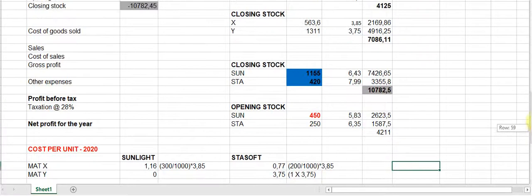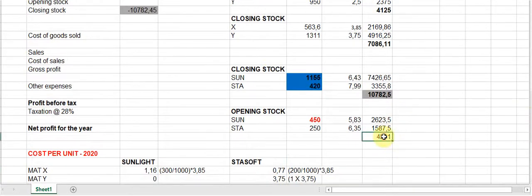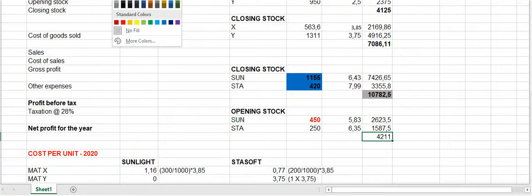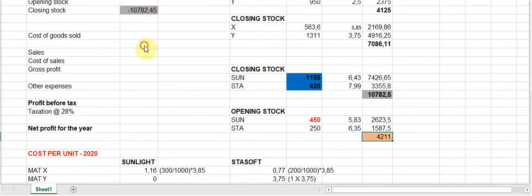It's 4211. I'm going to highlight this figure in yet another color. Let's use this pinkish brownish tone. And that opening stock figure 4211 will come and stand there.